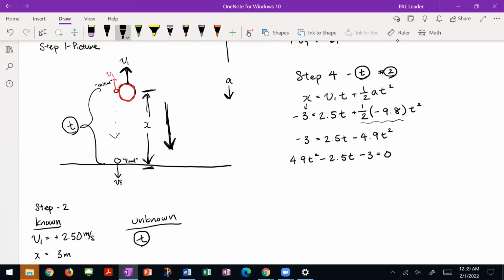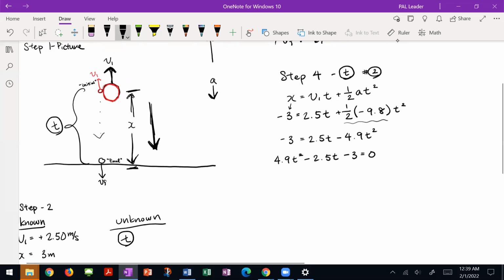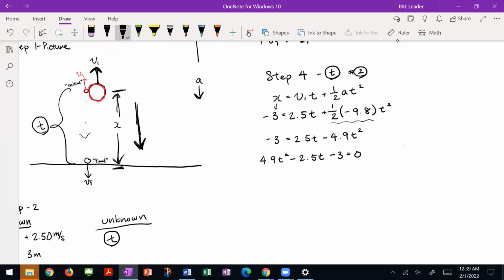There is really no easy way to do that except use the quadratic equation. X equals minus b plus or minus root b squared minus 4ac, all over 2a, I believe. Do you guys remember this one?